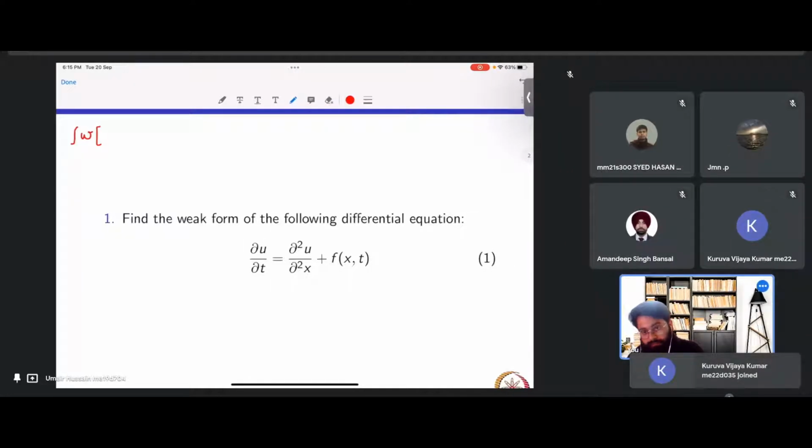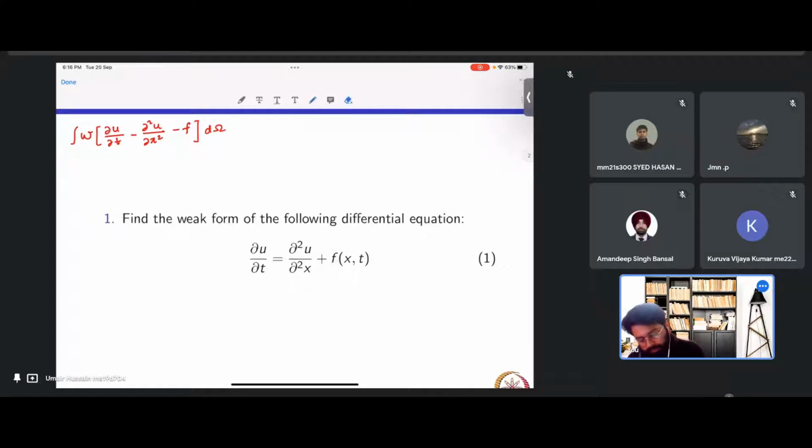Whatever equation we have here, I'll write it as x. Then we perform integration by parts.